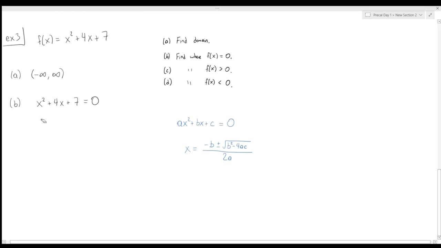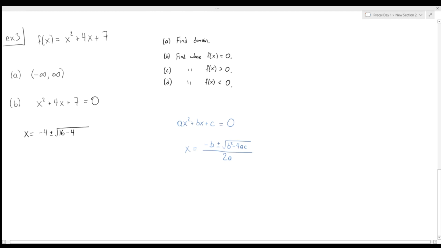Okay. So let's see what happens if we apply the quadratic formula to this problem. So b is 4, c is 7, a is 1. So we have negative b plus or minus the square root of b squared. So 4 squared is 16.